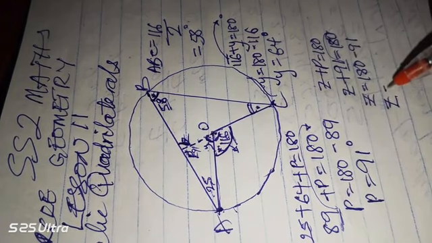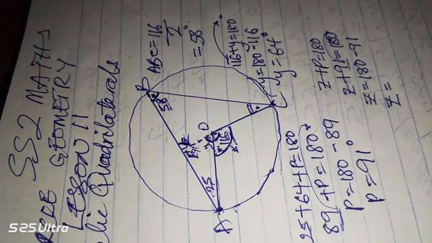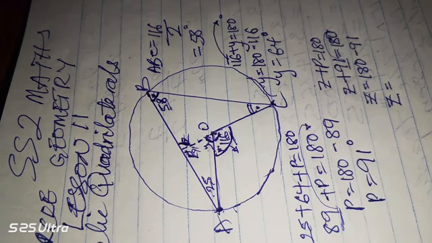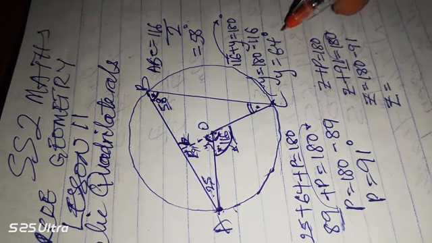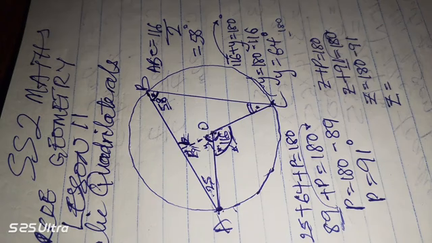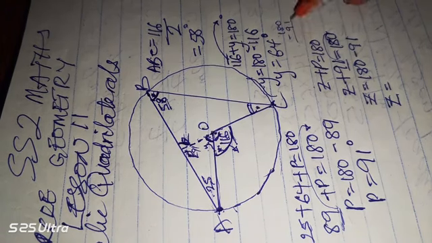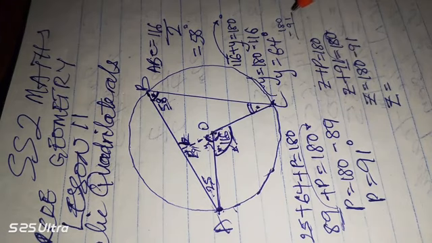Angle Z is equal to 180 minus 91. Let's do the subtraction. 180 minus 91. 10 minus 1, 9. 7 minus 9, you cannot, so borrow 1. 17 minus 9.